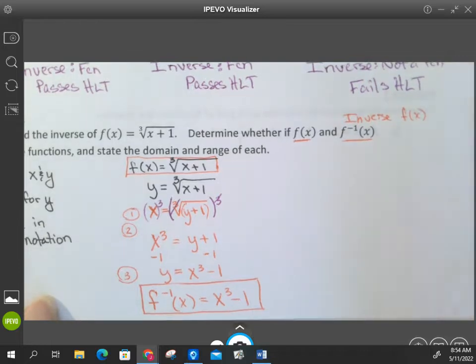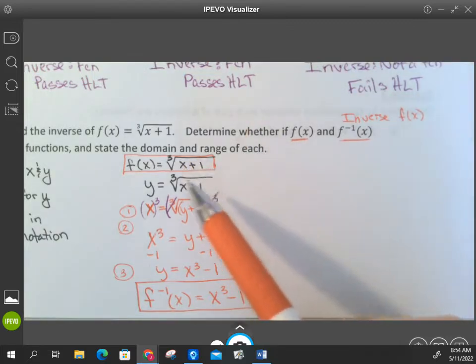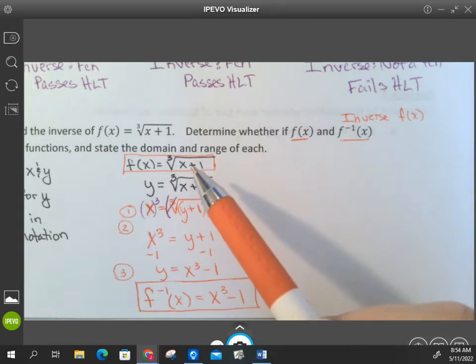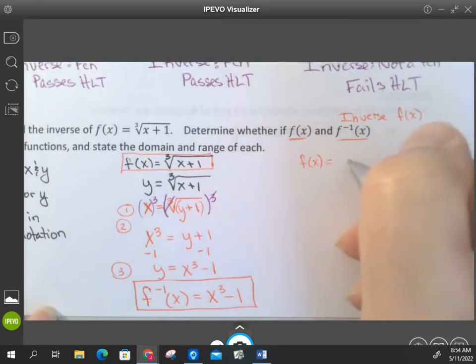Okay, now, to determine whether these are functions, state the domain and range. So one of the things to determine if this is a function, first of all, I can put anything in here for x because I can take the cube root of positives or negatives, and I'd only get one outcome. So this first one, f of x, the original, it is a function.